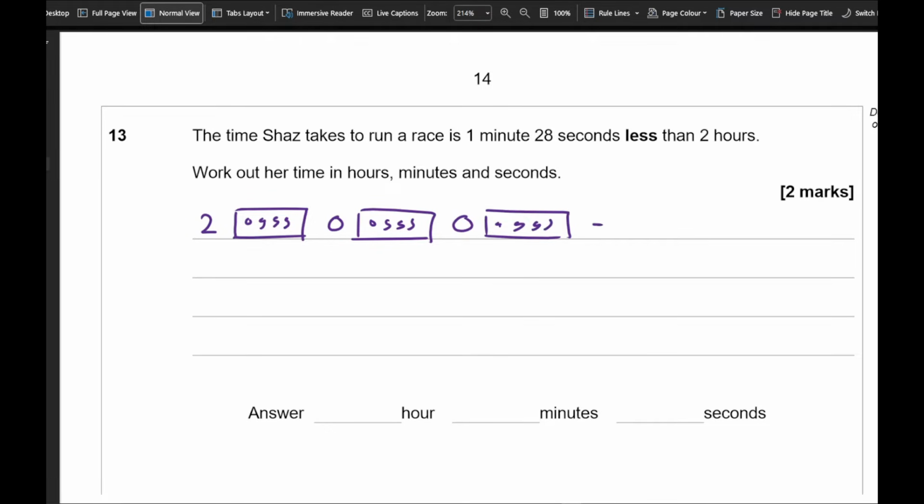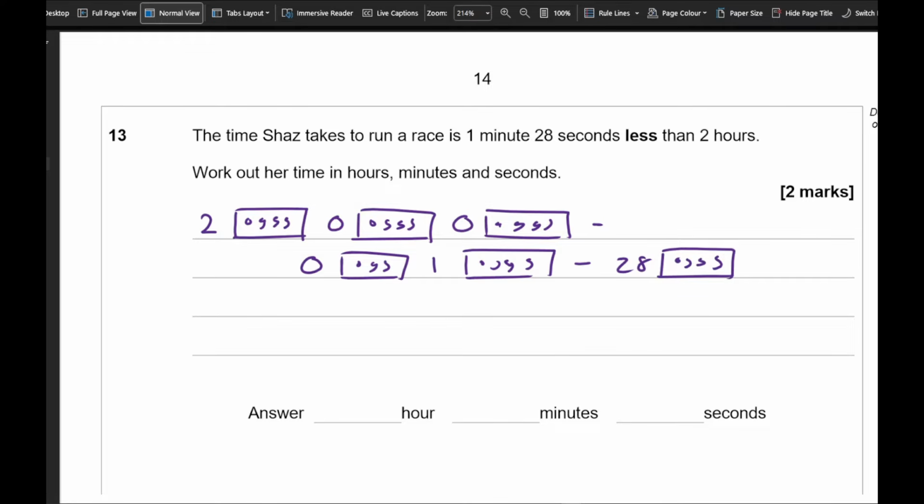Then we do minus, and then 0 hours, and then 1 minute, and then 28 seconds, and it should give us our answer.